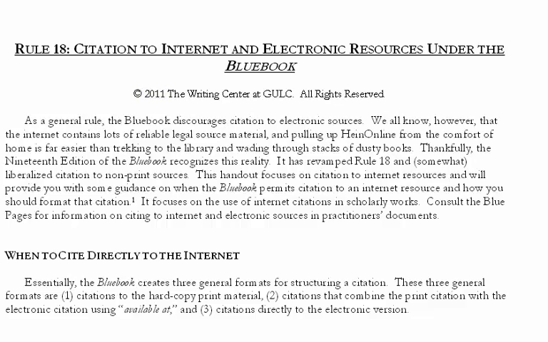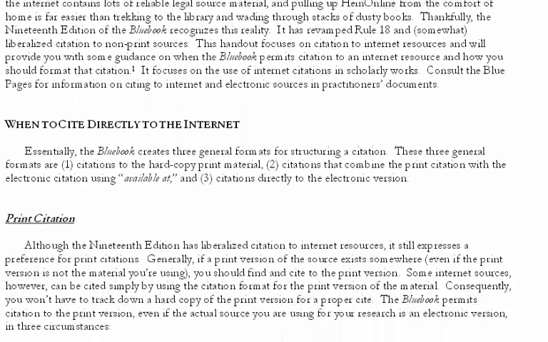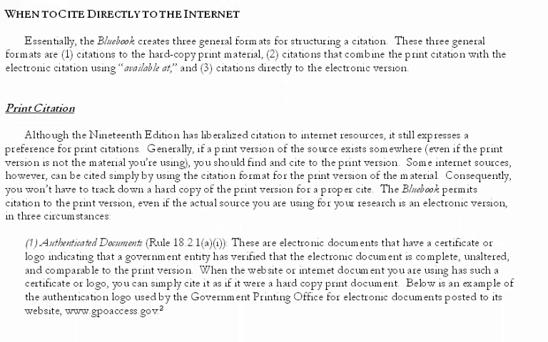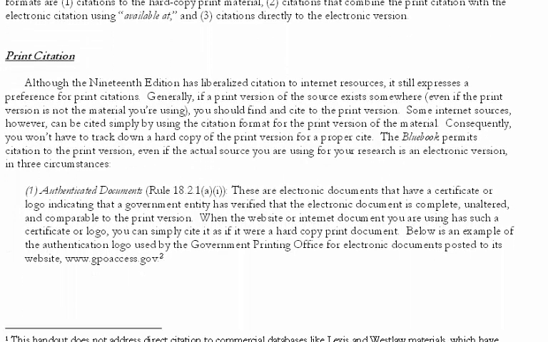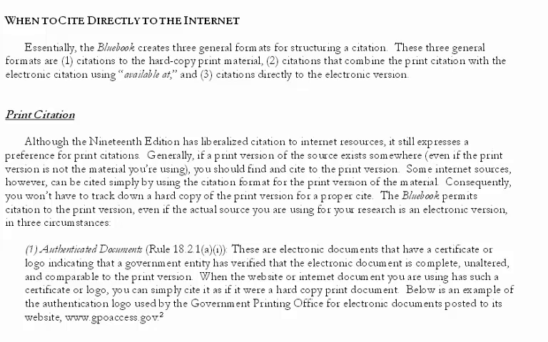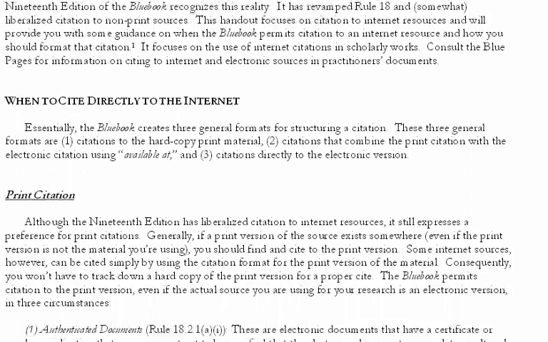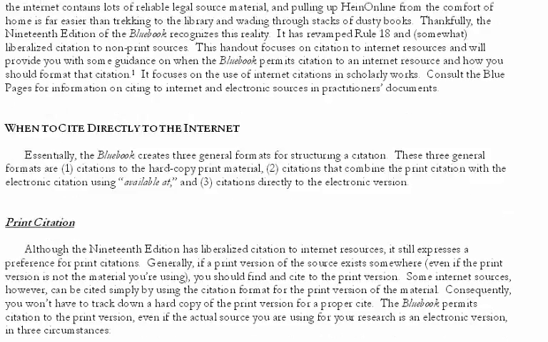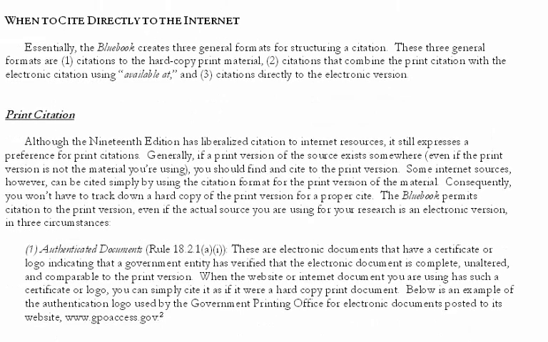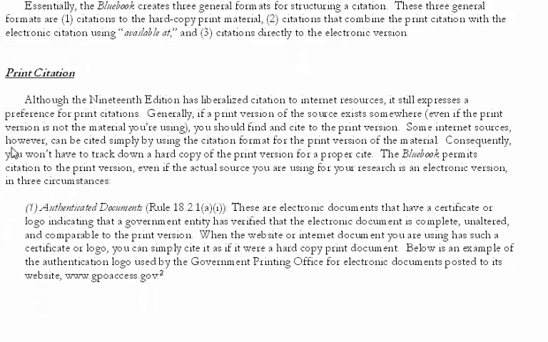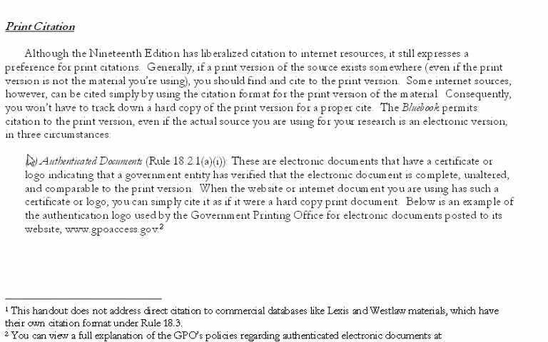So, citing to URLs. Maybe this is the most recent version, because the 19th edition is the most recent version. So 2011 must be it. Okay, so here's the rule.